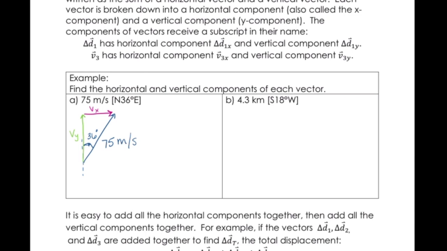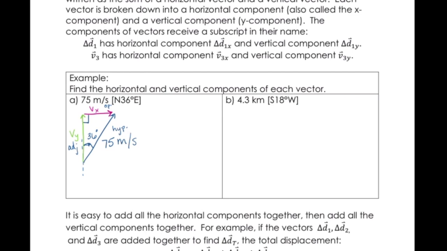If we look at this, we can use our ratios. We have a 90-degree angle here, and from our angle, this is going to be the opposite side. This is the hypotenuse, and this is the adjacent side. First let's find the opposite side, which is our horizontal component.